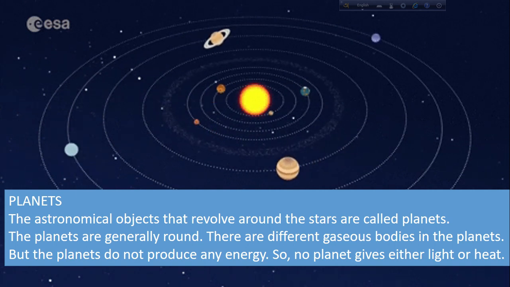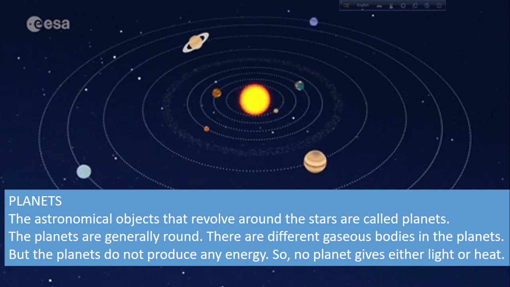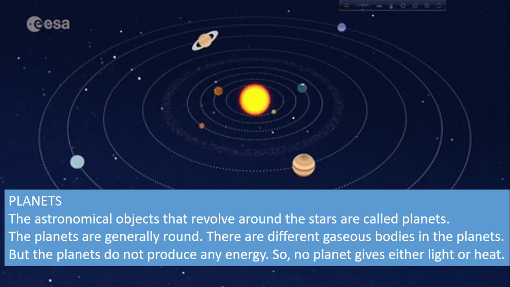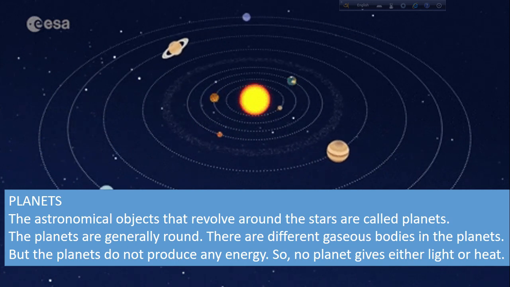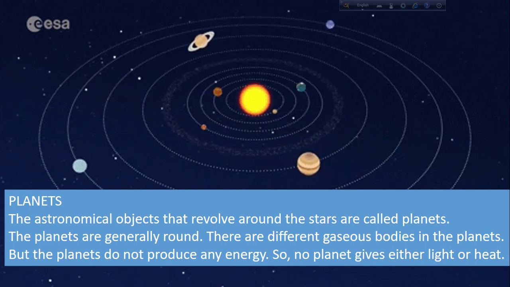So no planet gives either light or heat. So dear learners, what we have learned from here is that the planets have not their own light or heat. All of them rotate round the sun and get light and heat, although they look brighter than the earth.